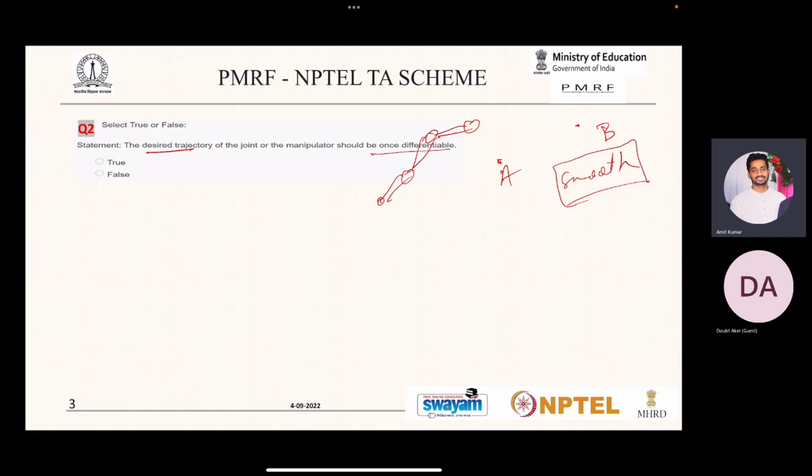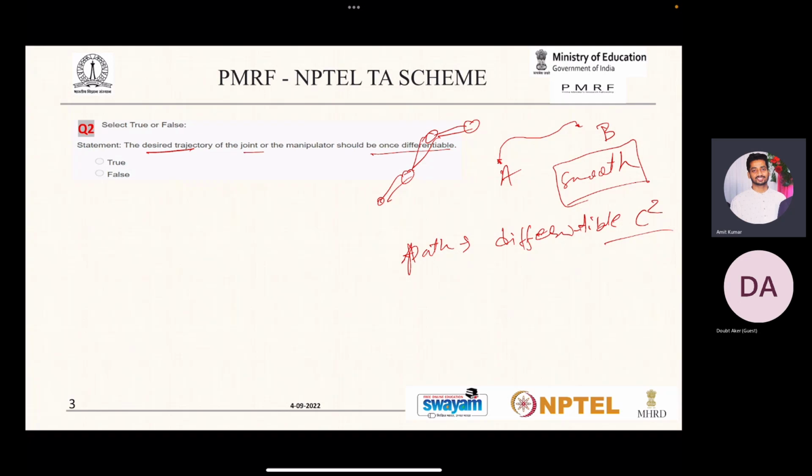For smoothness, the path which we define should be at least differentiable, and that also C2. That means twice differentiable, so that in some sense you will get a smooth enough acceleration level, so that the changes from A to B will be smooth, and that is desirable.